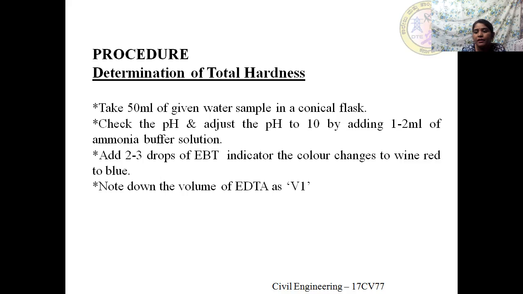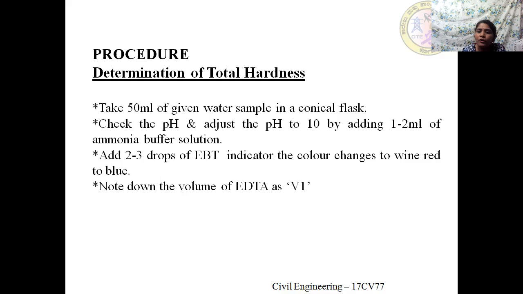The next step is to add the indicator. The indicator used here is EBT, eriochrome black T. When we add 2 to 3 drops of this indicator to the sample, it turns wine red. EDTA of 0.01 molarity is the titrant, which is filled in the burette, and we titrate this sample against EDTA.